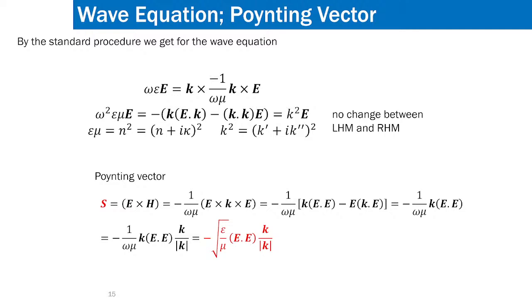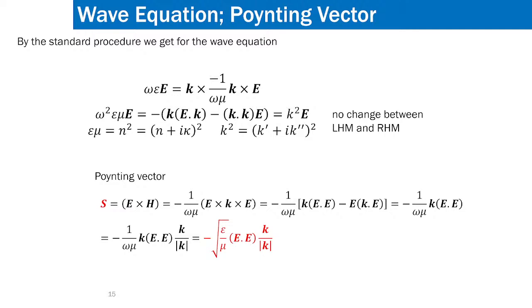S is a vector and k is a vector, but if you consider the magnitude, S is proportional to minus k. So S and k are two vectors which are anti-parallel, which means S and k are not in the same direction, they are in opposite directions. So this is the difference.